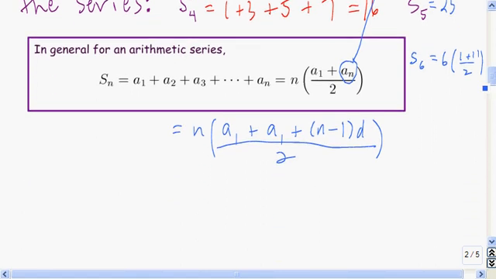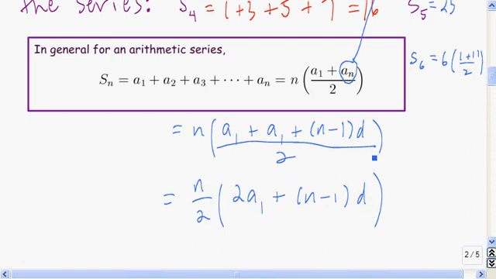And we can just rewrite this here. So this is n divided by 2 times, we have 2 a1 plus n minus 1 times d. So you can see this formula doesn't actually require us to go out and find that nth term. All we need is the number of terms we have, the first term, and the common difference.